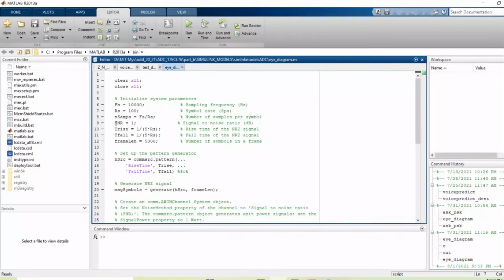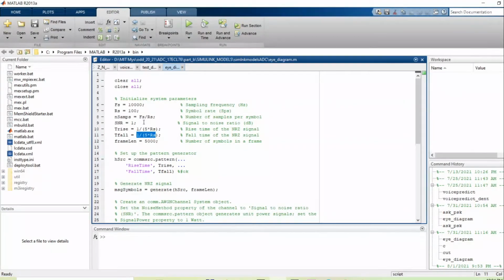One is signal to noise ratio, which I have kept as 1 as of now. A rise time and fall time, I have kept some values. Because of that, you can see the waveform, how it is different from 0 rise time and 0 fall time. So we have some rise time and fall time.